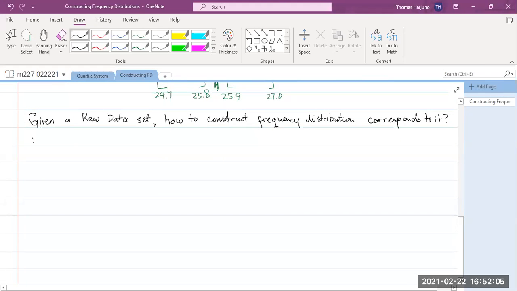The first step is to find the range, which is the maximum minus the minimum. Let me get a data set right away. Let's say I take the Math 227 test 1 that I happen to have at hand here.